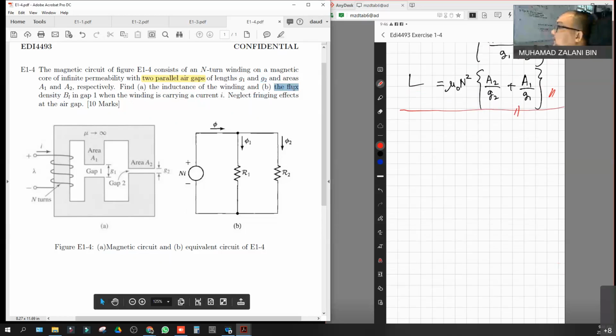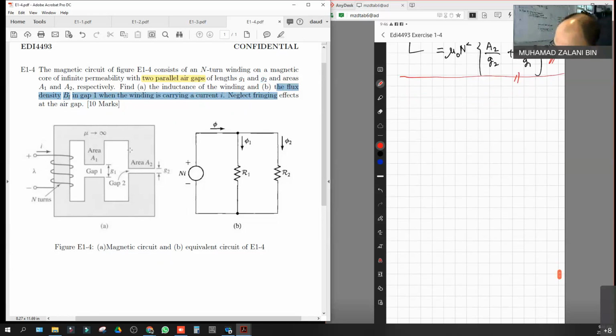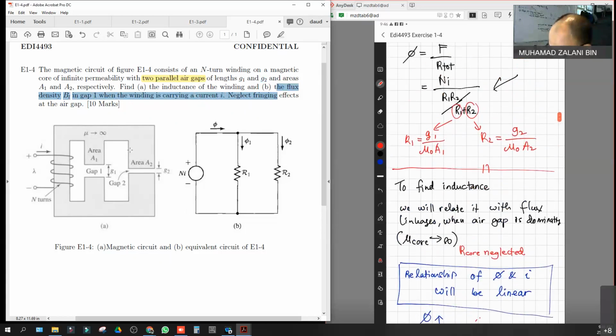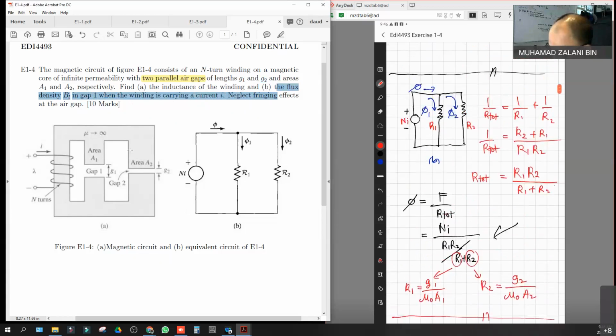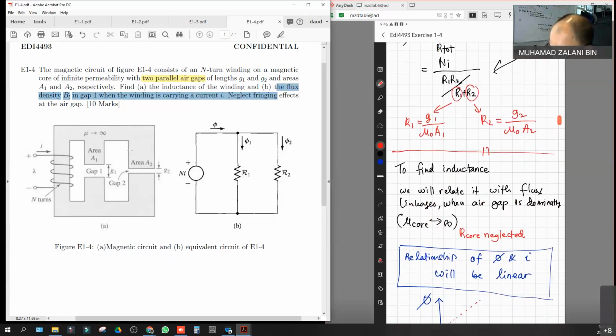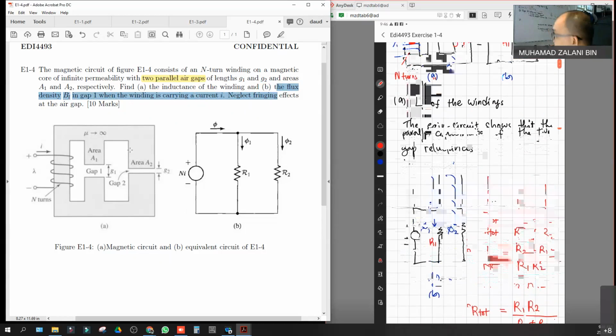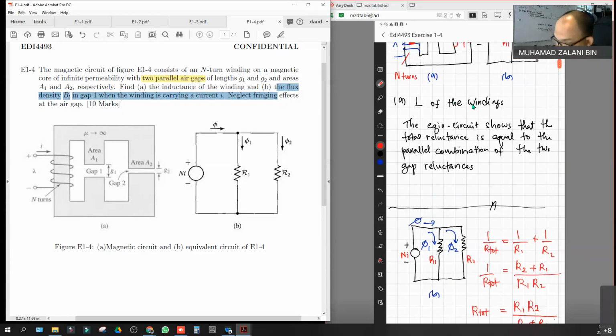The flux density B1 in gap 1 when the winding is carrying current I. Neglect fringing effect at the air gaps. We have one more question, the last one before we finish this session. We found the inductance L of the windings.